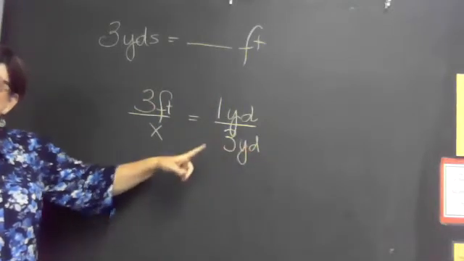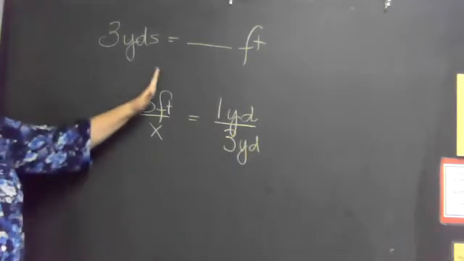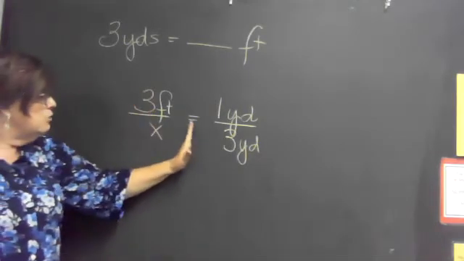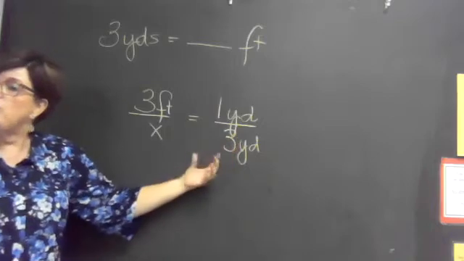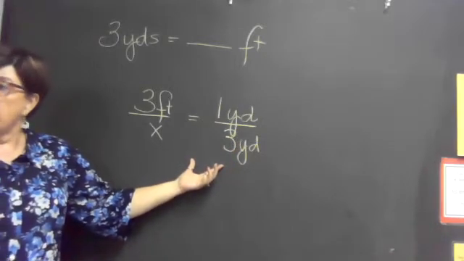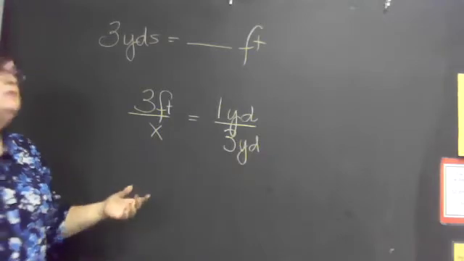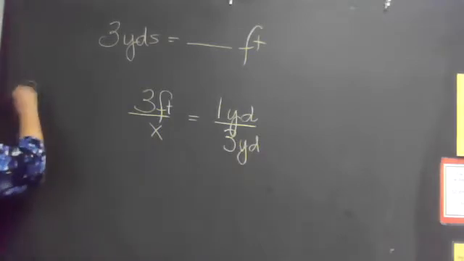Now, I will tell you ahead of time, and I will be telling you later on, but 1 fraction equal to 1 fraction, which is what we have here, is called a proportion. So you might want to go ahead and write that down in your notes somewhere, the definition, here's how you spell it.